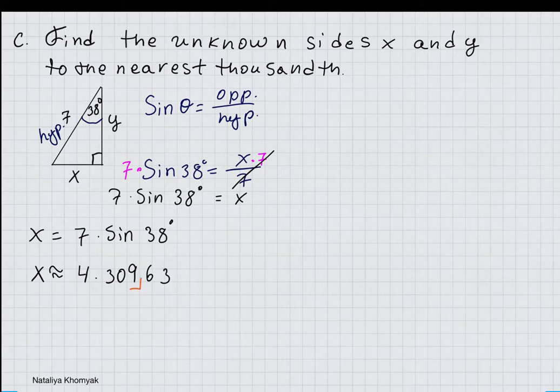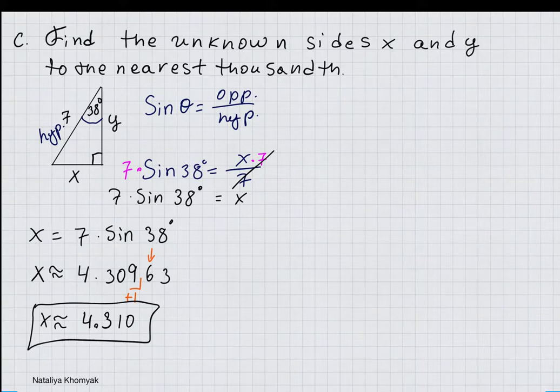We are stopping at 9. We look at the number to the right of it, which is 6. It is more than 5, so we're going to add 1 to our cutting off place. So we get x is equal to 4.3. 1 plus 9 gives us a 10. And this is our solution for x.